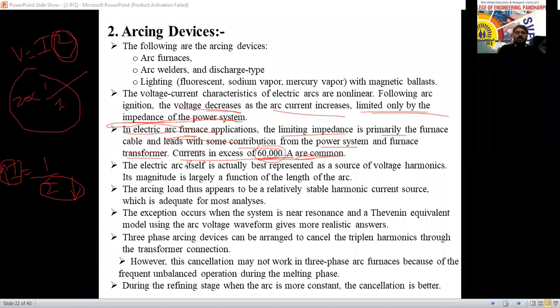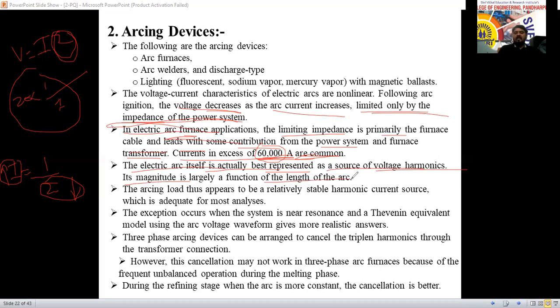The electric arc itself is actually best represented as a source of voltage harmonics. Voltage will decrease and the current will increase over there. So the voltage decreasing, with the current harmonics, is what is called voltage harmonics. The harmonic magnitudes are largely a function of the length of the arc.